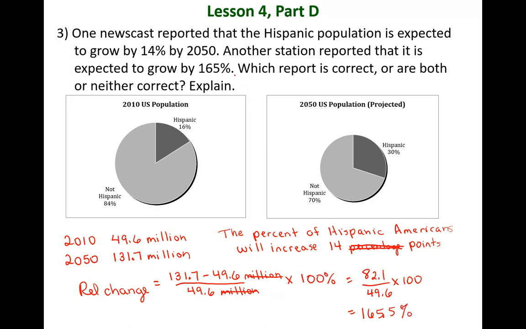So this one was definitely the better statement. The actual population growth is 165%. When you're looking at the entire United States population, that includes Hispanic and non-Hispanic, the percentage of Hispanic Americans will increase by 14 points. It will go from 16 percentage points to 30 percentage points.